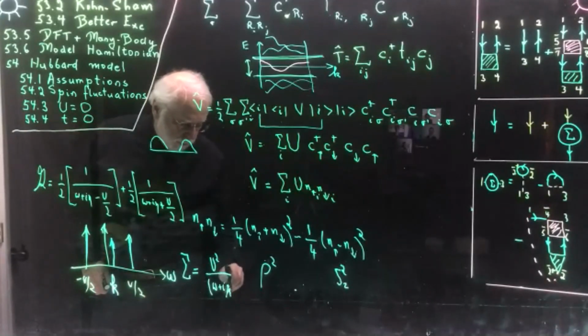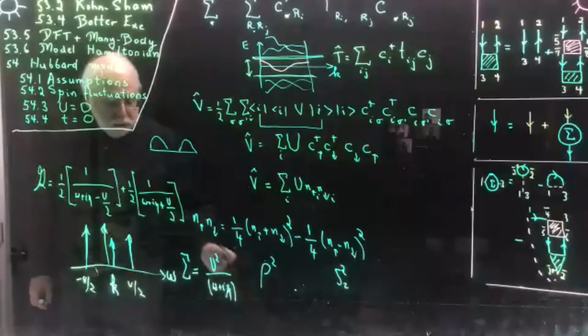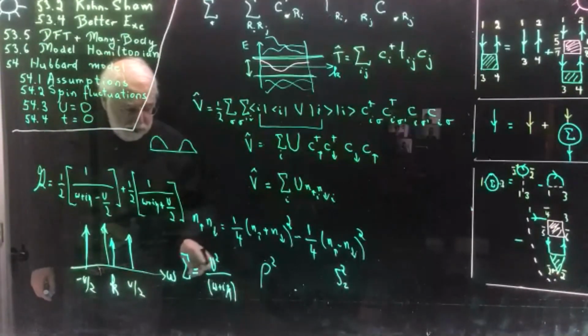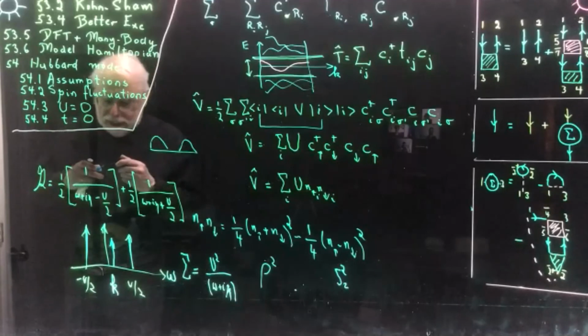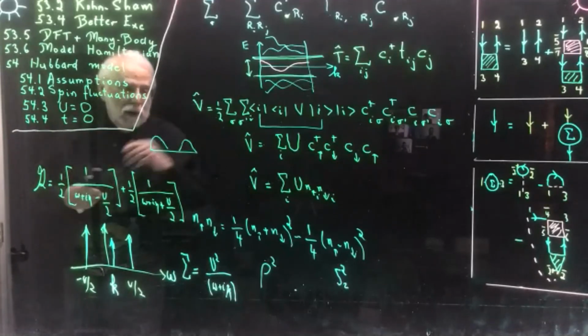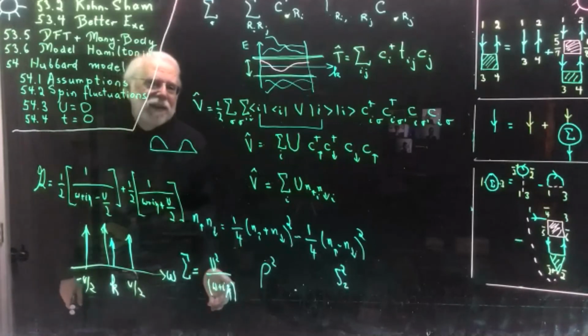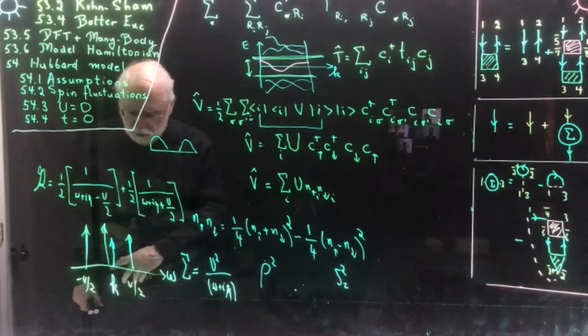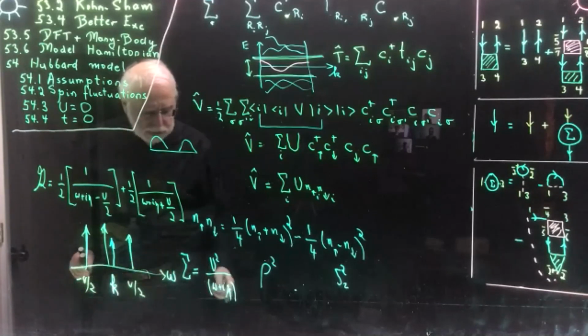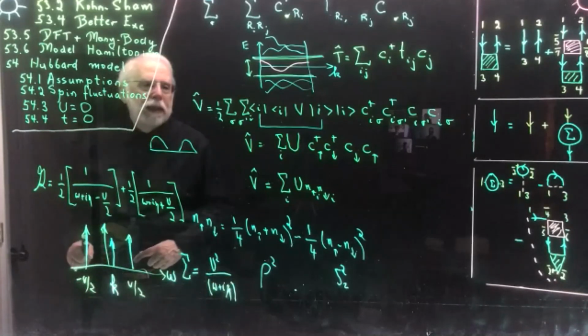So in other words, there's a pole at omega equals 0 in the self-energy. Instead of a self-energy that is a power series in omega, we get a pole. So we're getting rid of the quasi-particle pole and splitting this pole in two.